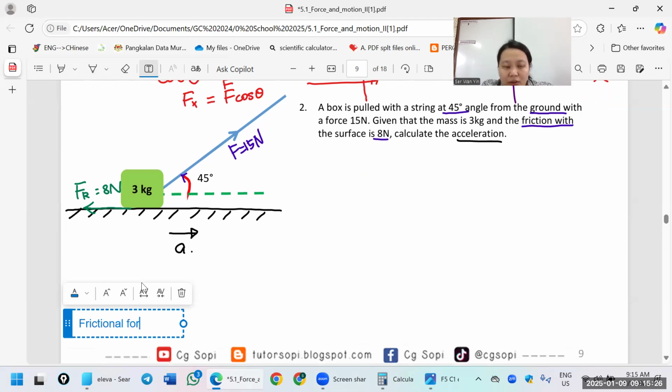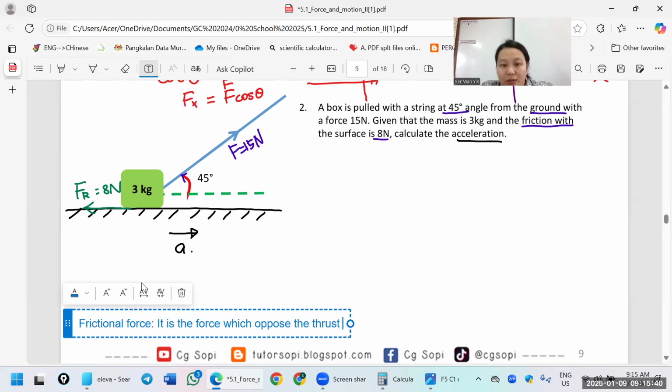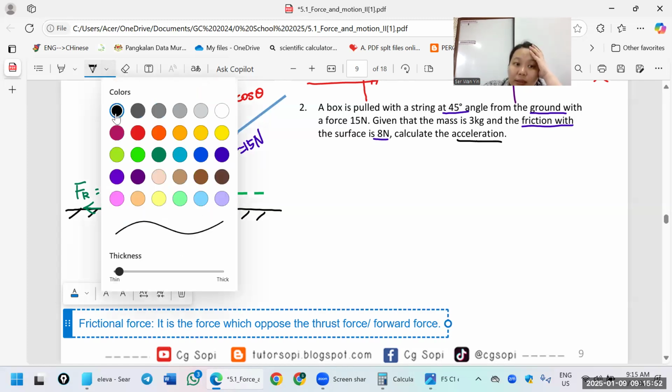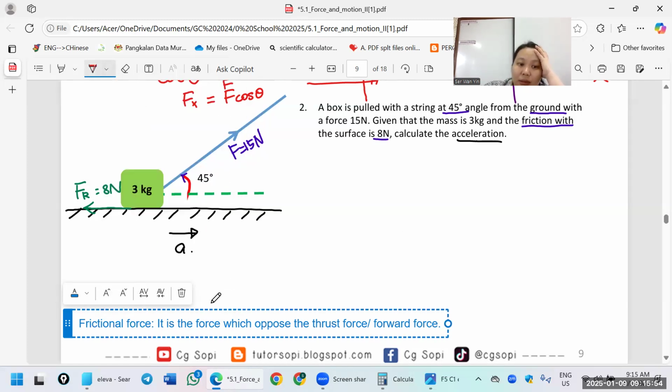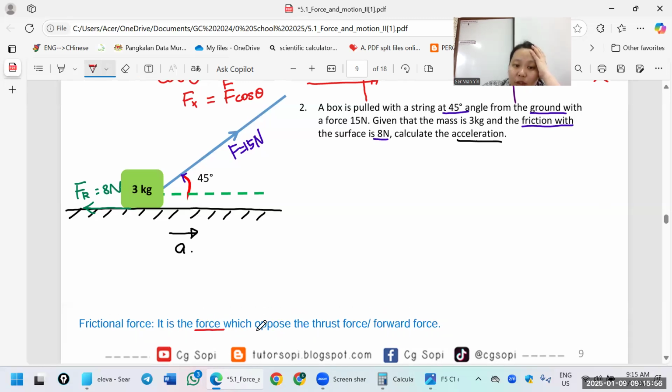It is the force which opposes the thrust force, or we say a forward force.